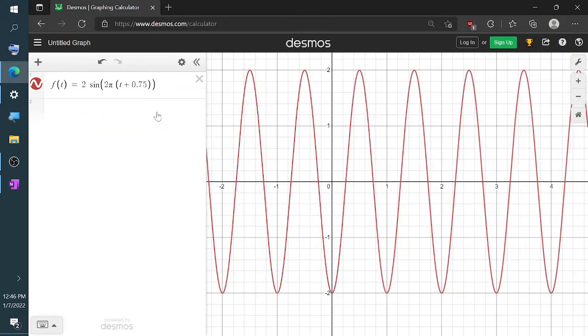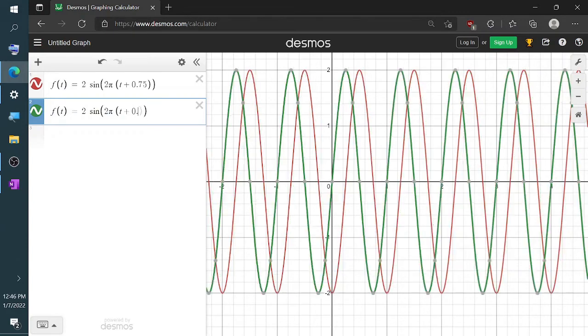Now, just as a comment, you really do need to make sure that your t plus 0.75, or whatever horizontal shift, is enclosed in its own set of parentheses. If you don't include the 0.75 in parentheses, the horizontal shift will be distorted.